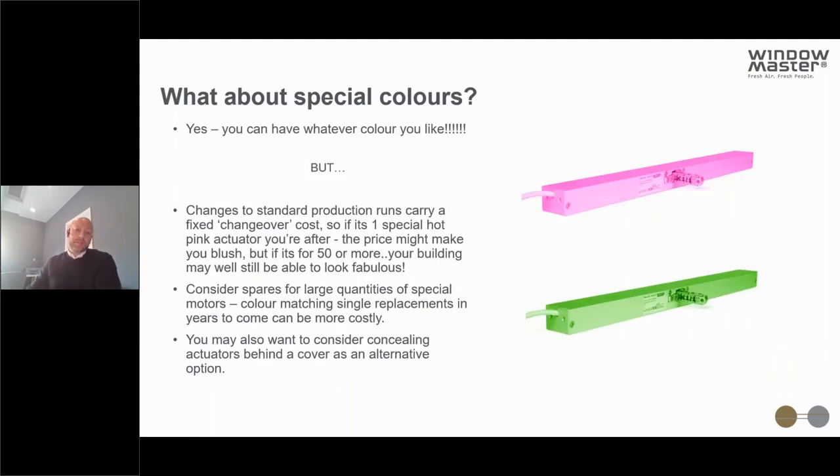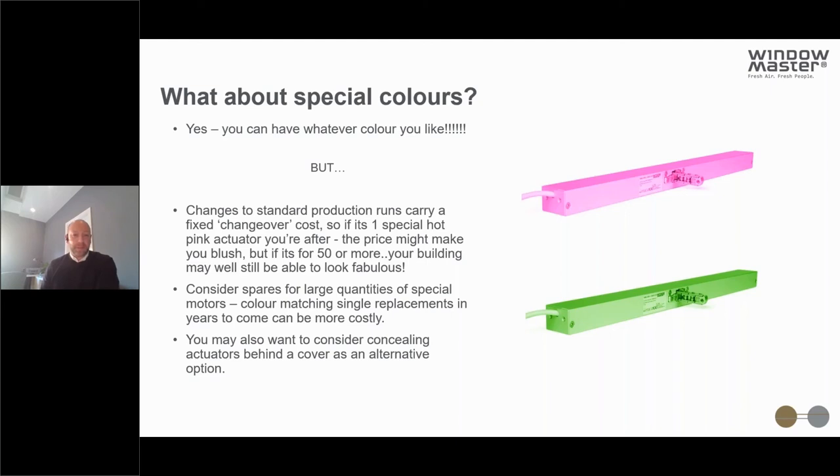What about special colors? Oh, we get asked this one a lot. Yes, ultimately, unlike the Ford Model T, you can have almost any color that you like, but there is a cautionary note to add with that. There is a cost in our factory. We've got standard production lines producing each of our motors.